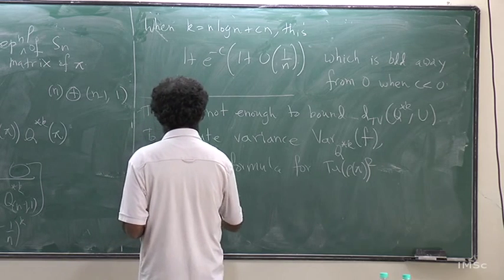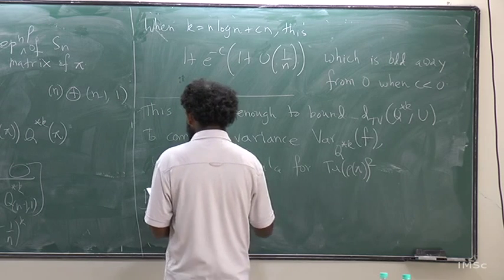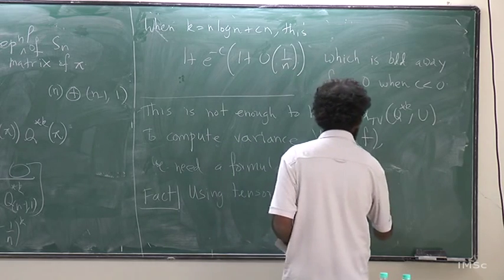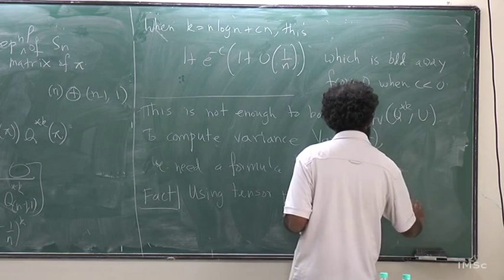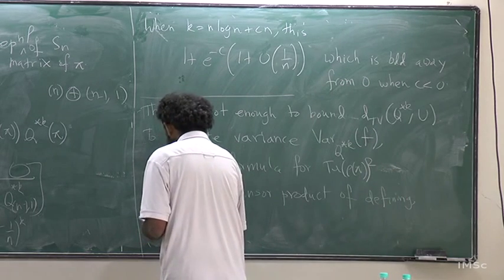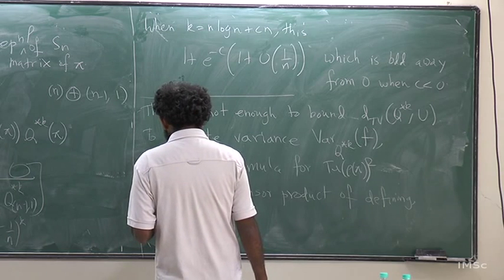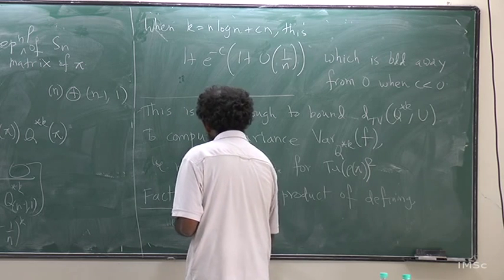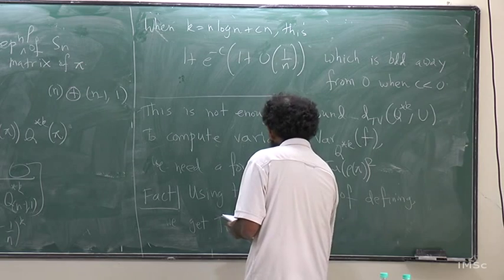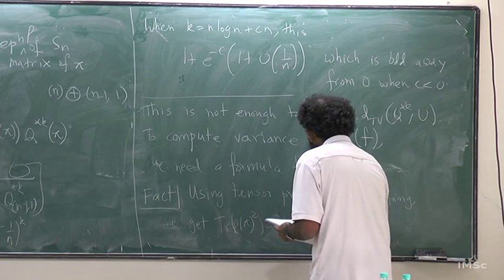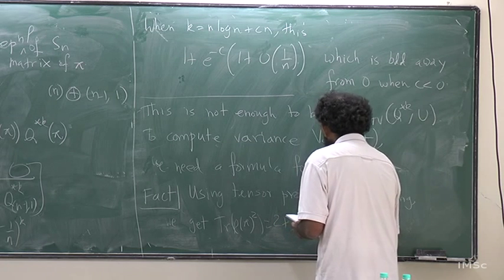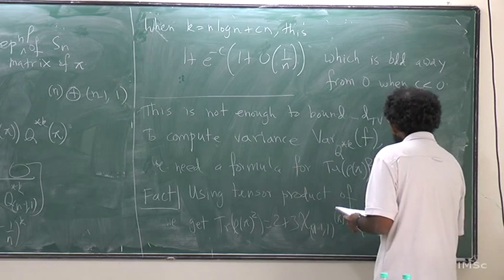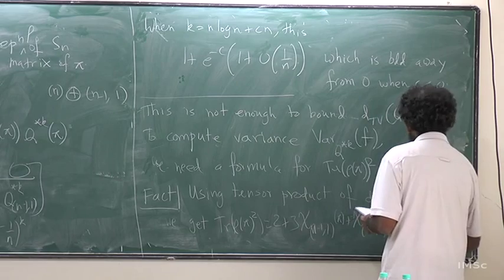So using the tensor product of the defining representation, we get trace of rho pi squared is 2 plus 3, the character of (n minus 1, 1) at pi, plus character at (n minus 2, 2) at pi, plus character at (n minus 2, 1, 1) at pi.